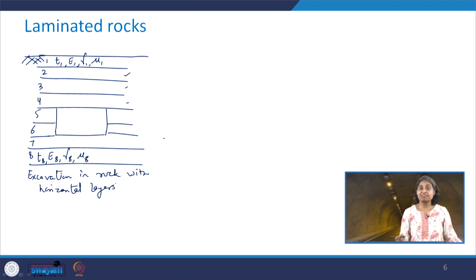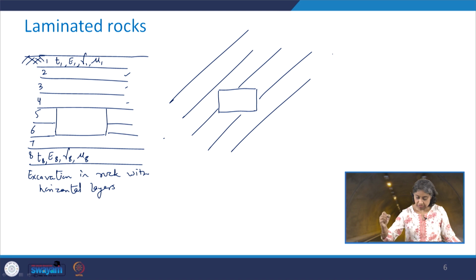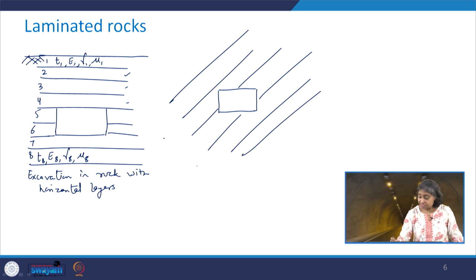You can have excavation in rock with inclined layers. So, let us say that this is the excavation, and you have this type of rock layers maybe. In this case again you can have different properties. So, maybe this is E1, mu 1, this is E2, mu 2 and so on.